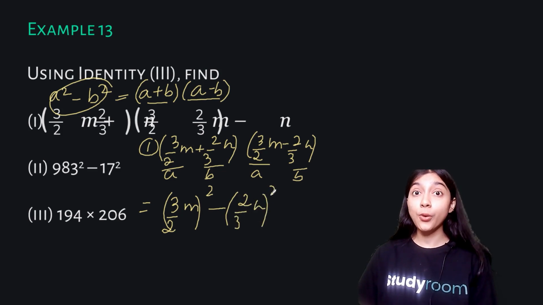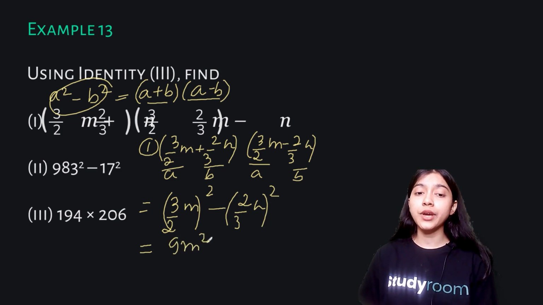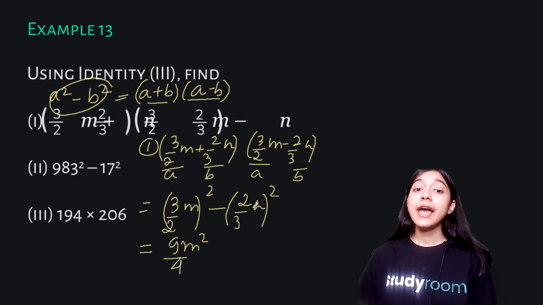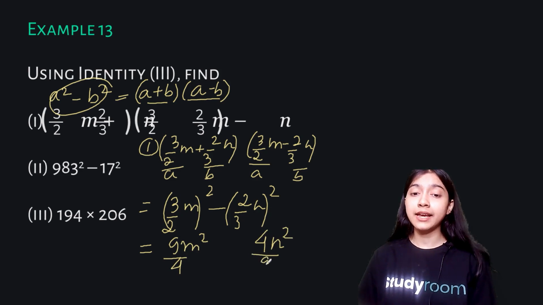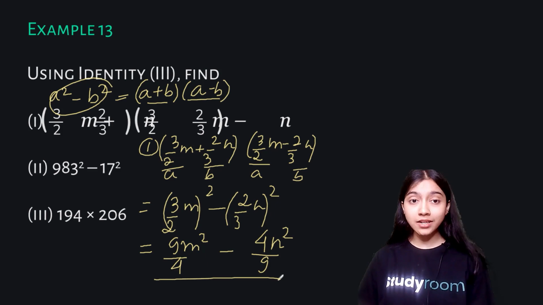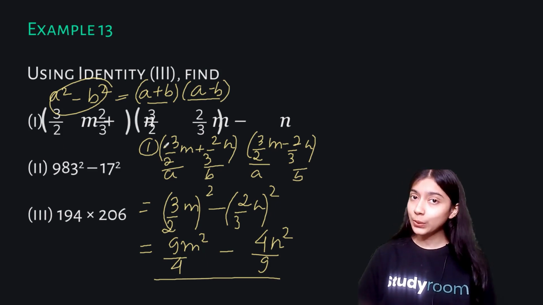I'll take the whole square of this. 3 by 2m whole square gives us 9m square by 4, and 2 by 3n square gives us 4n square by 9, and there is a minus sign in between. So this will be our final answer for question number 1.